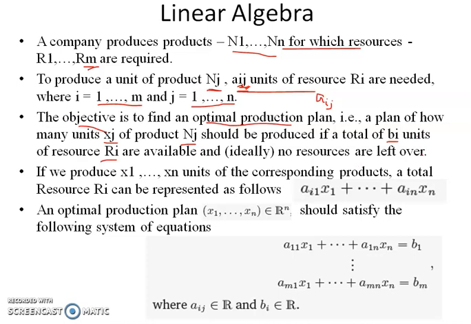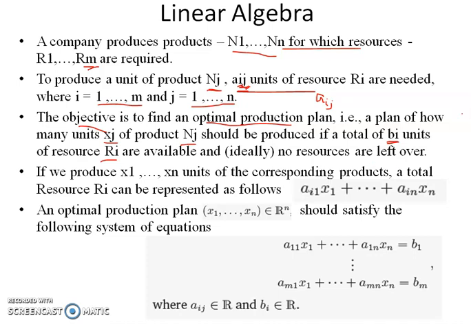So we need to find a solution: how many units xj are required to produce each product Nj, so that it makes use of bi units of each resource Ri.